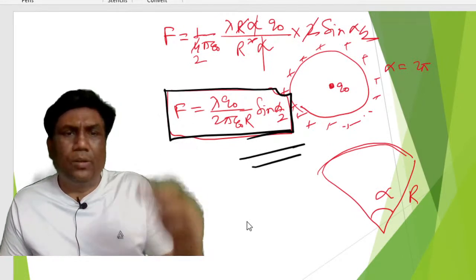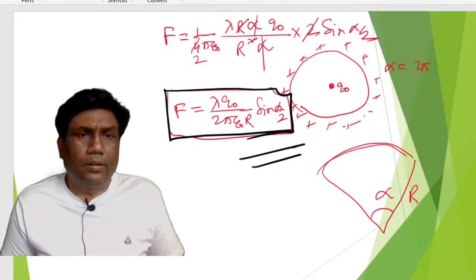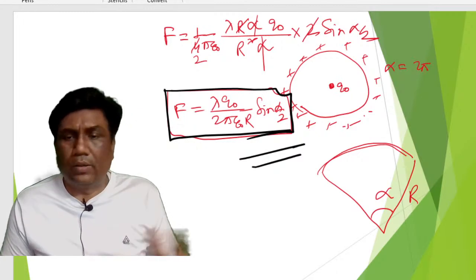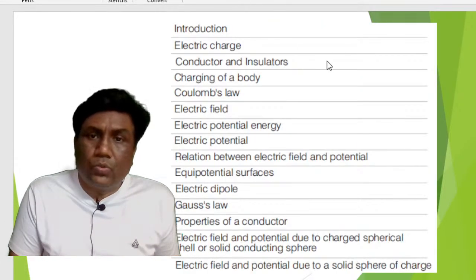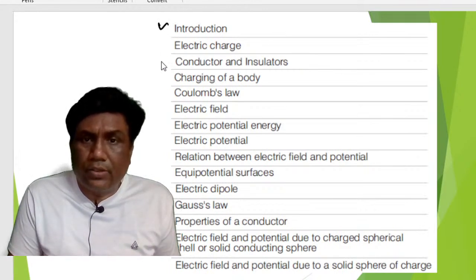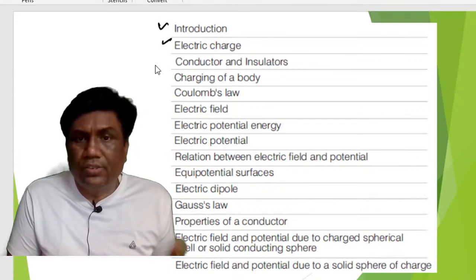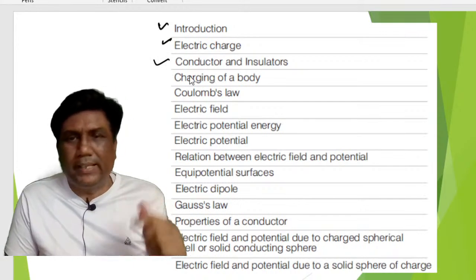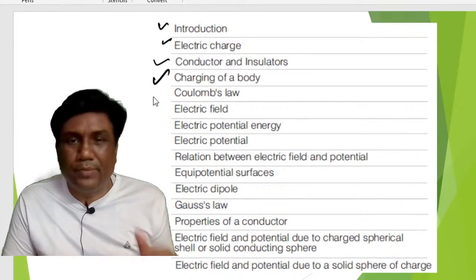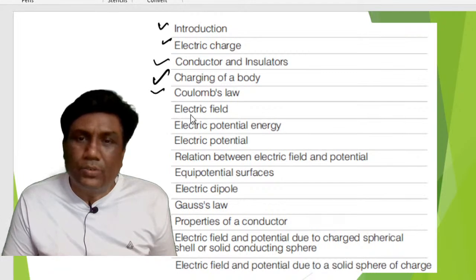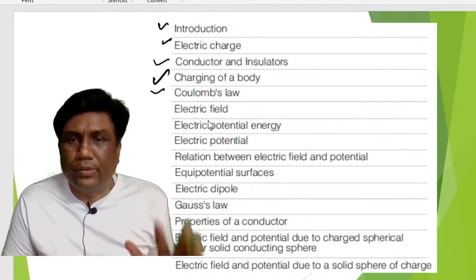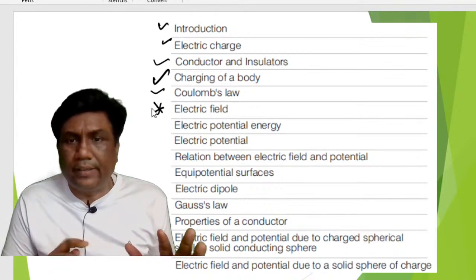Then we will be going for Coulomb's and Gaussian law also. Up till now we have discussed an introduction, electric charge, conductors and insulators, basic ideas, charging a body, and Coulomb's law. So tomorrow's class we are going to discuss electric field.